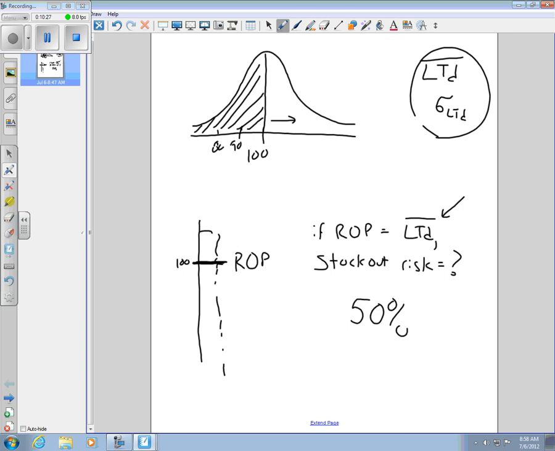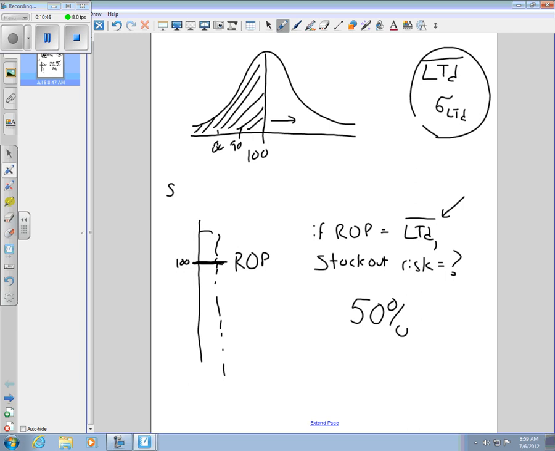during lead time. Okay. Now, the appropriate reorder point is going to be dependent upon something called a service level. The service level is the opposite of a stockout risk. The service level is the probability that I do not run out of products.